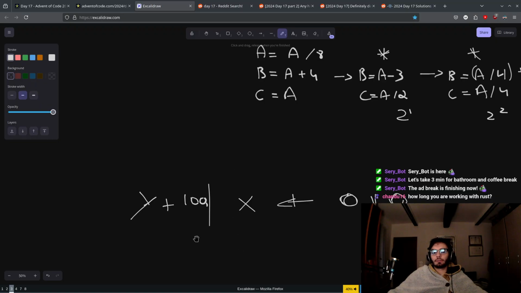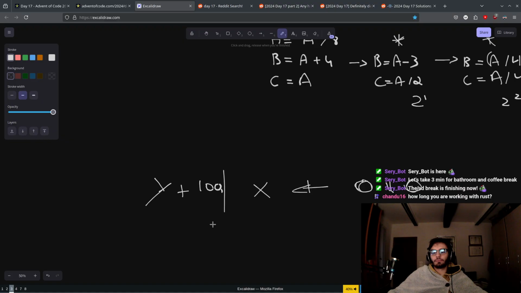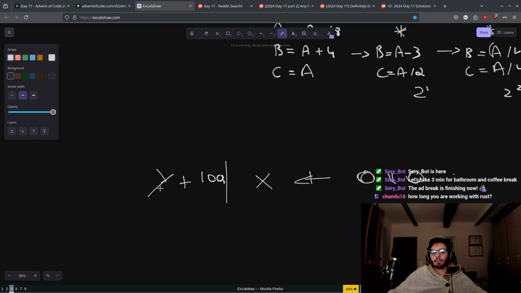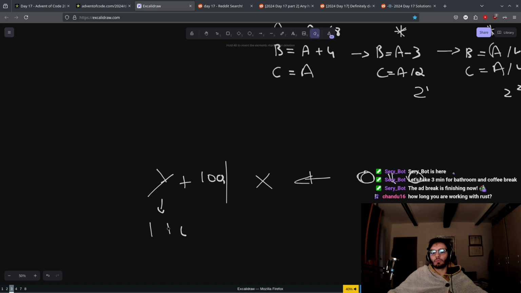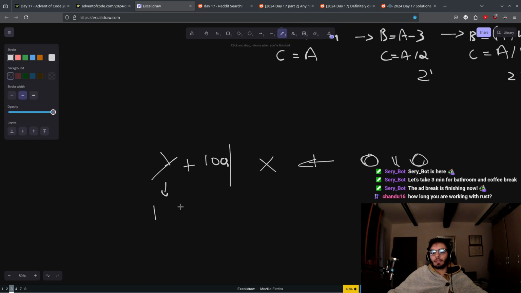So means that I don't care what this is. This should be like a 1 1 Z, no. It is either, it's always a 1, but it can be 1 1 0 and 1 0 0.